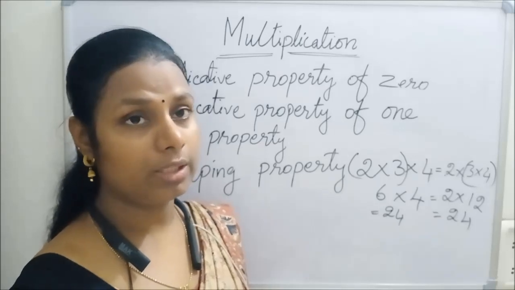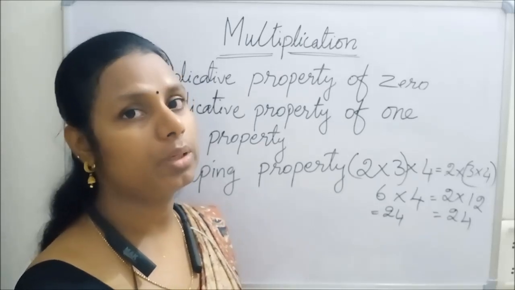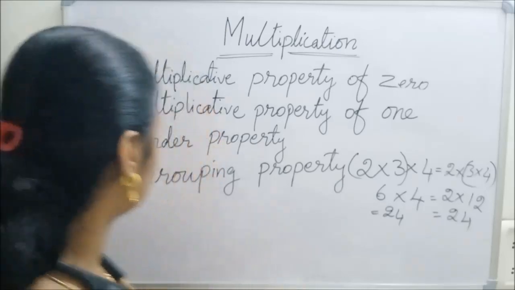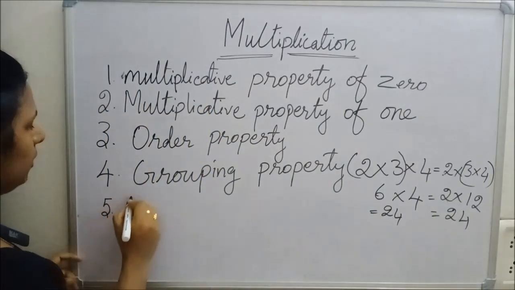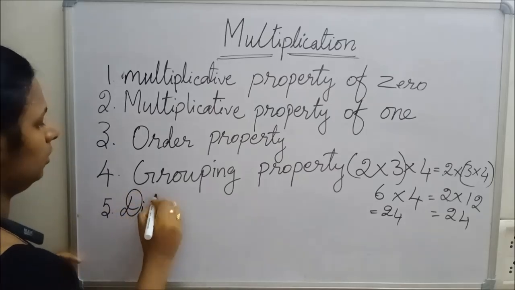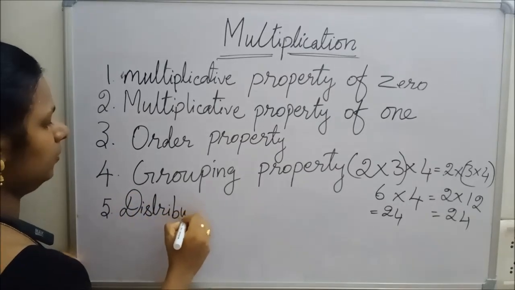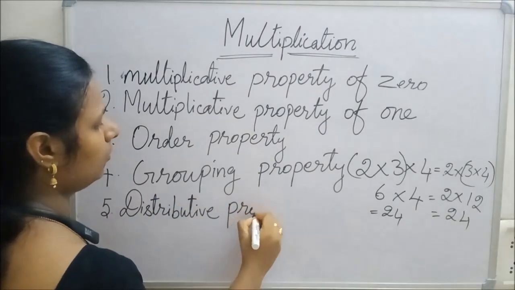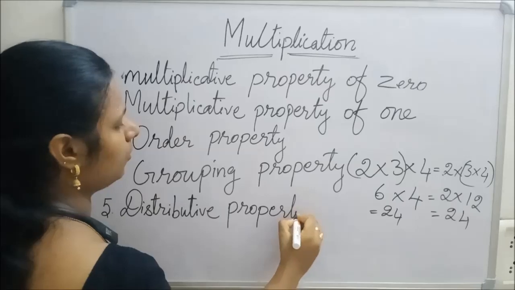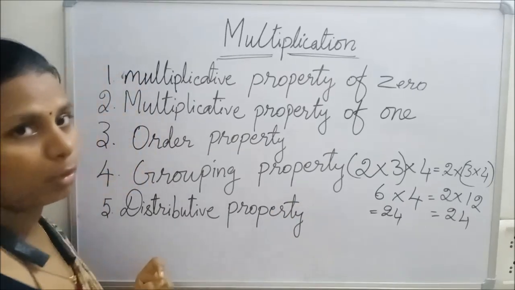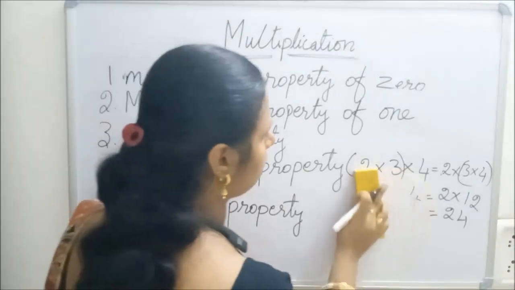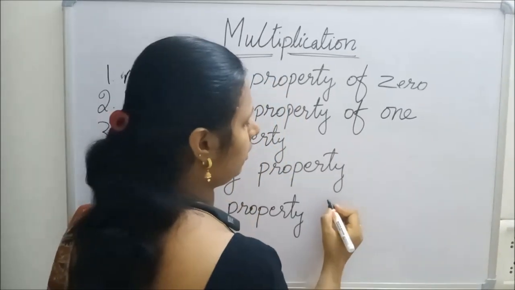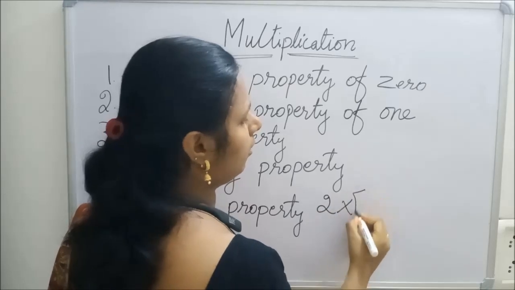Now the next one is distributive property of multiplication over addition. In this, addition also is coming. Distributive property. For example, I am giving you 2 multiplied by 5 plus 3.